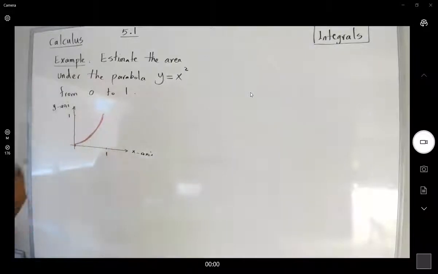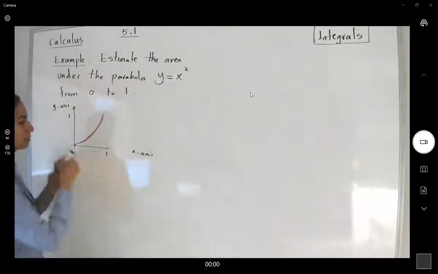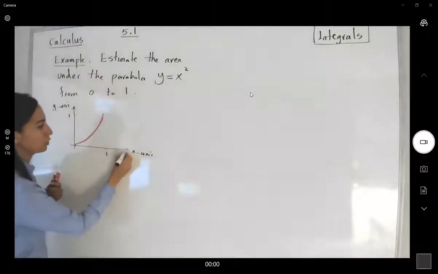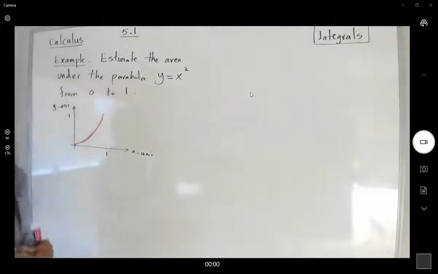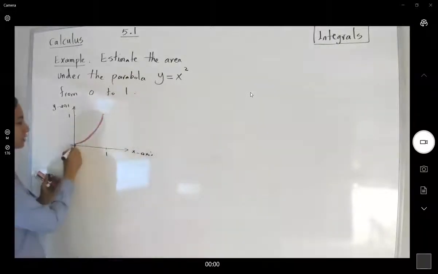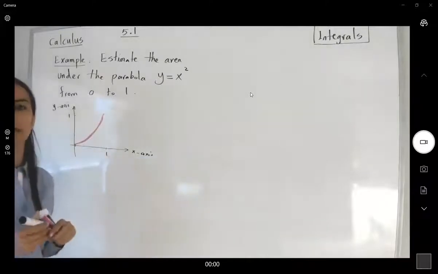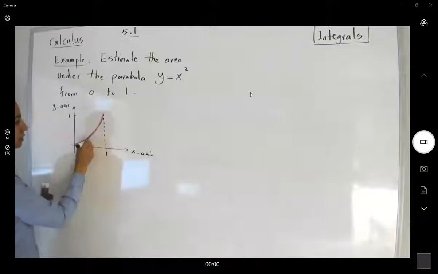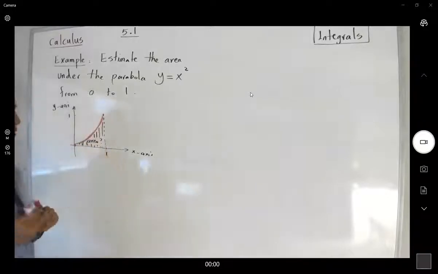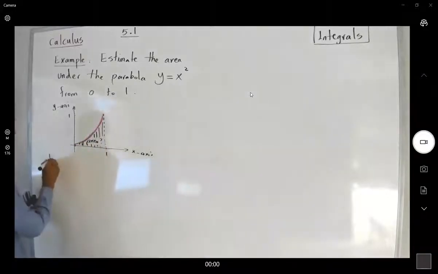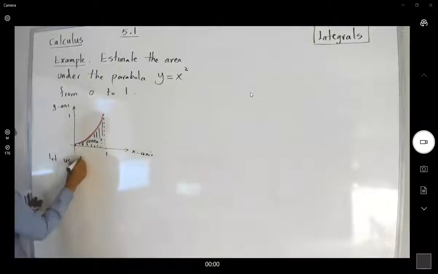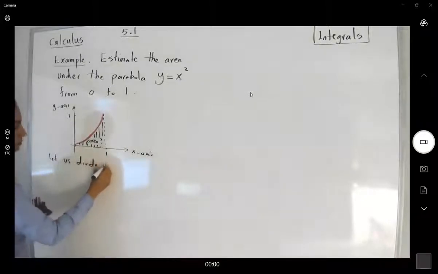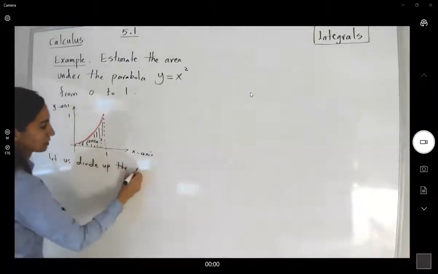Since the question says estimate, I'm going to divide up my x-axis into sub-intervals. So I'm looking for this area. What's the approximation of this area? So let us divide up the x-axis.